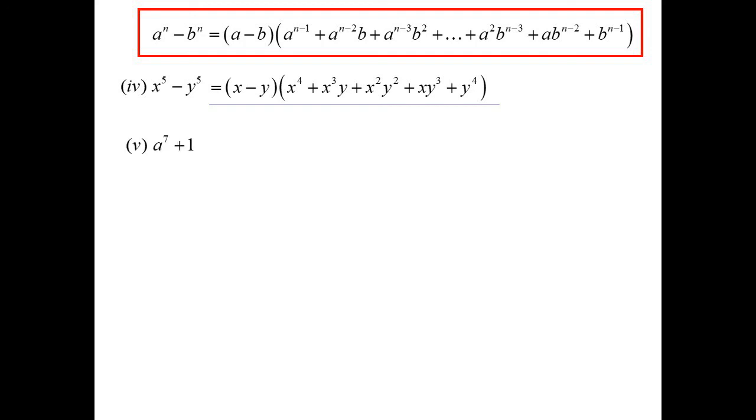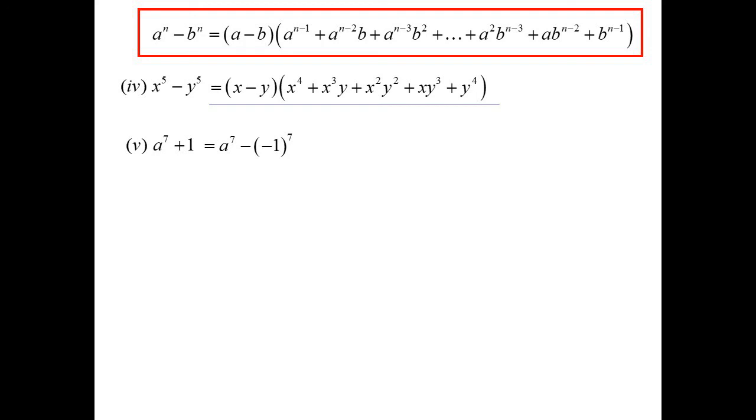Why is it that we have a sum? The sums will only work when they're odd numbers. Odd numbers. And that's why. Because I could rewrite it to be the difference instead of the sum. Because negative 1 to an odd power will be negative. And you get negative, negative becomes positive. So it won't work with even powers.